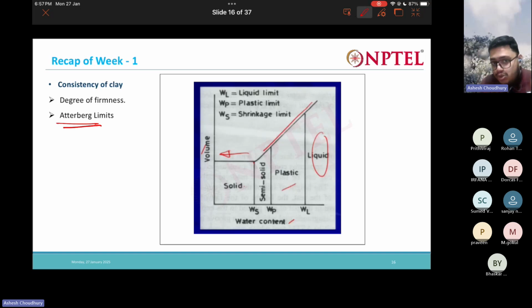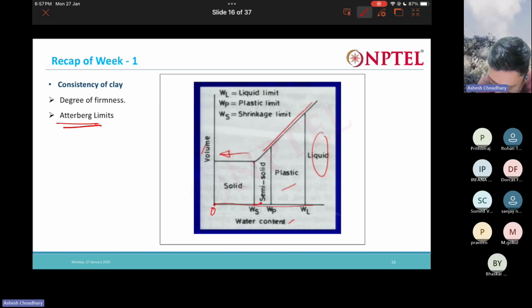And one more important thing to keep in mind is that Ws is the point up to which the soil is completely saturated. Here this point means water content is zero, that means dry soil.